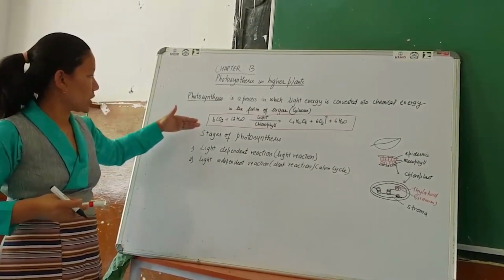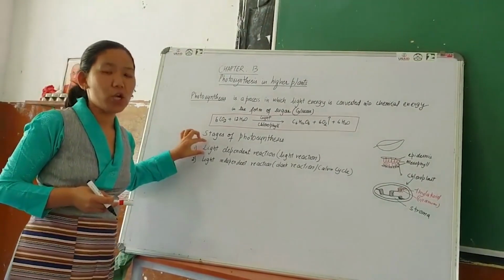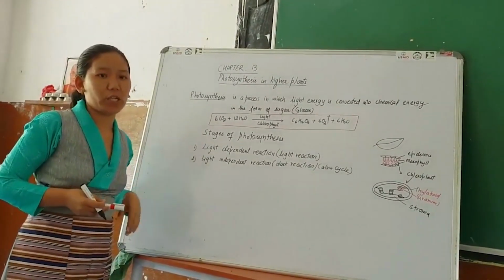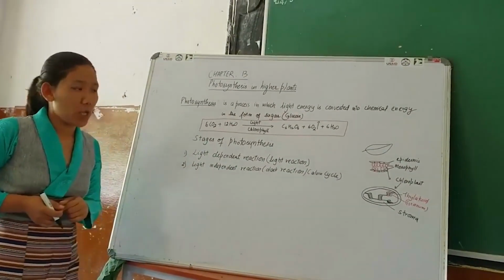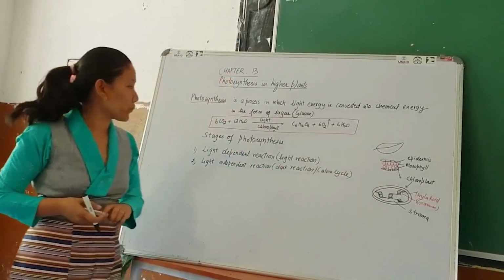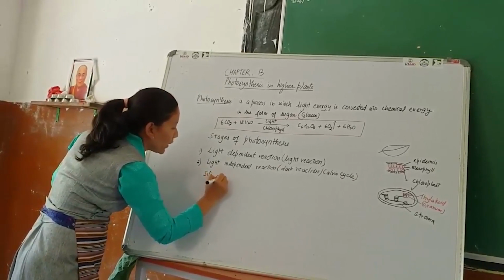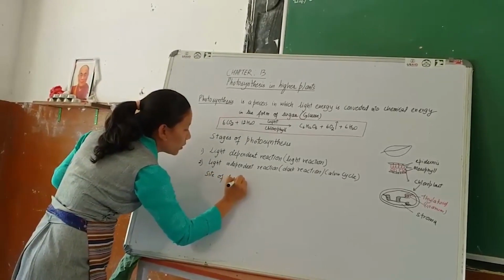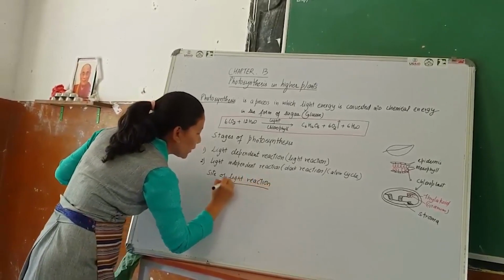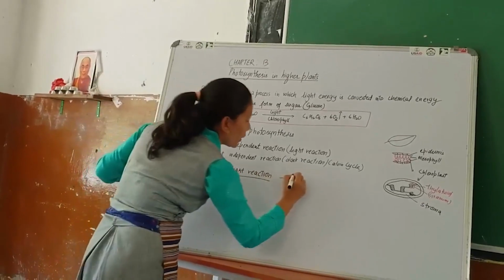Now, there are two stages of photosynthesis. The first one is the light dependent reaction. In today's class, I'll focus only on the light dependent reaction. Now the question is, what is the site of the light reaction in this chloroplast? The site of light reaction is the thylakoid membrane.